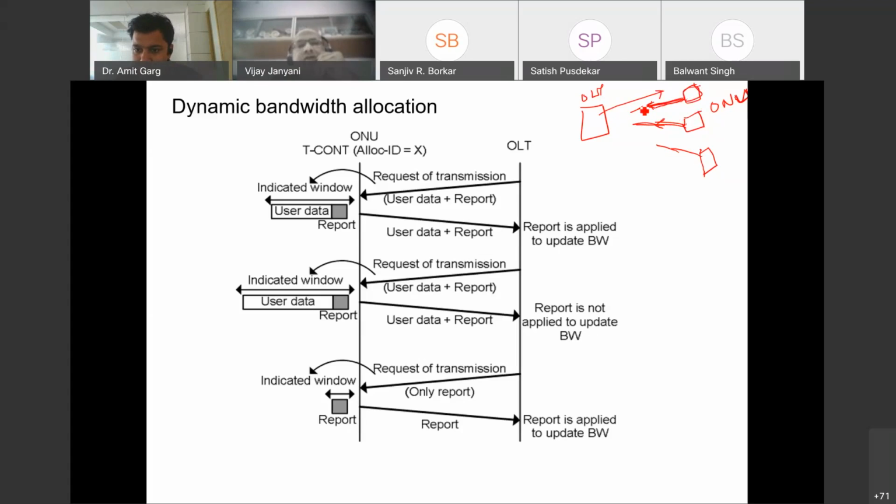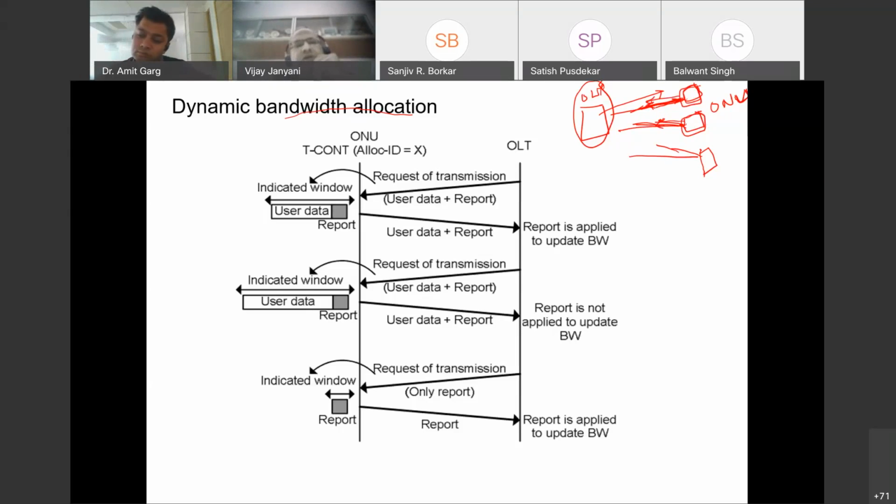So dynamic bandwidth allocation is a scheme in which the OLT can dynamically allocate bandwidth to different ONUs, so that it results in overall saving of bandwidth. Depending on which ONU is sending a request and which ONU wants to send data at that time, dynamic bandwidth allocation can be done.